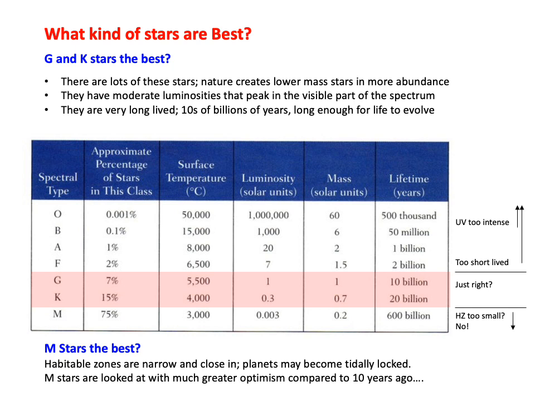Because we're around a G star, so G stars have to be the best because, as Carl Sagan says, we're not special, we're not atypical. So we would expect that G stars are the kind of stars you'll find habitable planets with life on them. But in modern times, we've started to ask, are M stars the best?